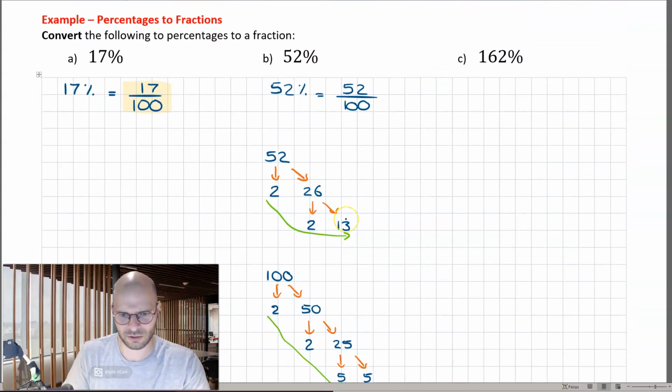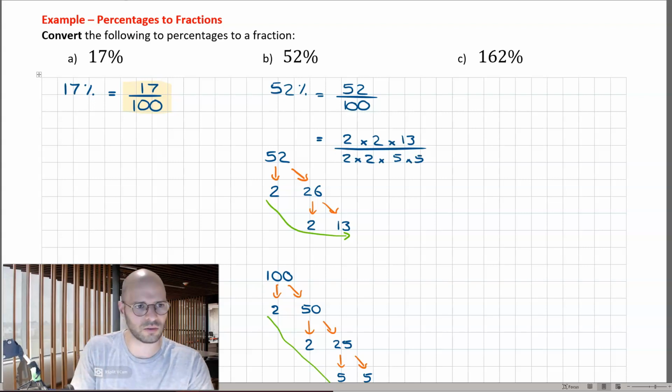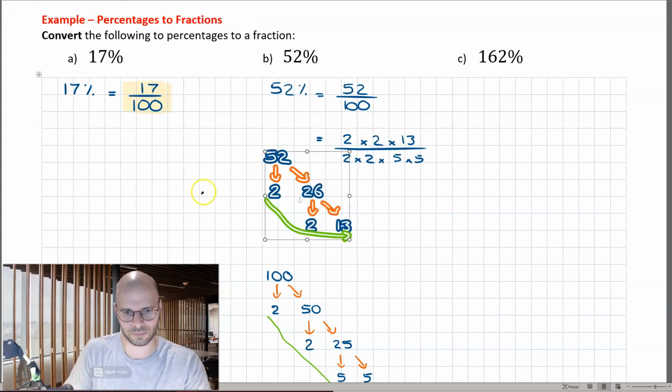Now writing this out as its prime factors, we're going to go 2 by 2 by 13. That's upstairs. And downstairs it's going to be 2 by 2 by 5 by 5. What I'll do is I'll just move this over.